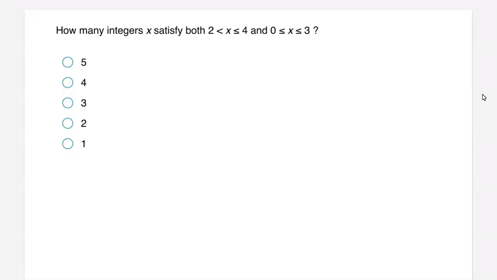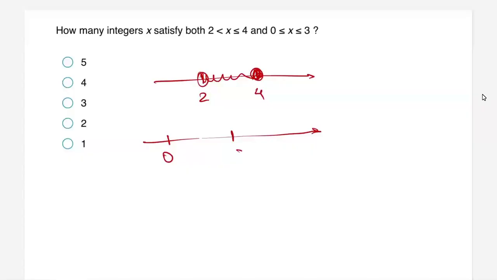How many integers x satisfy both? Okay. 2, 4. 0, 3.